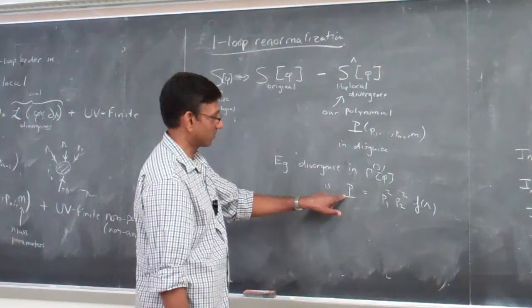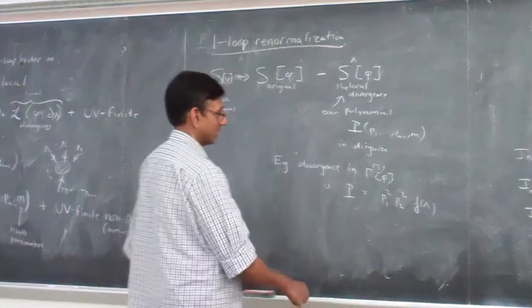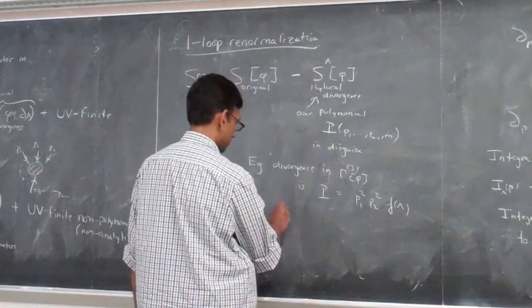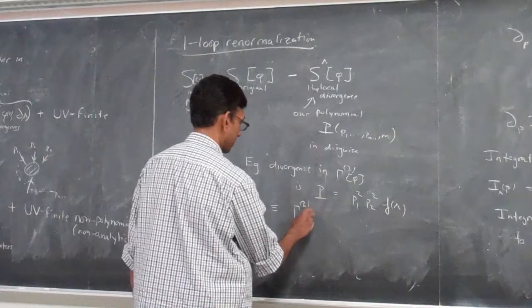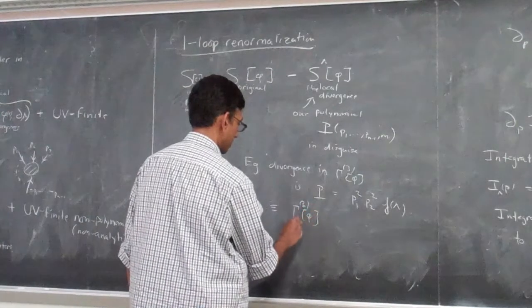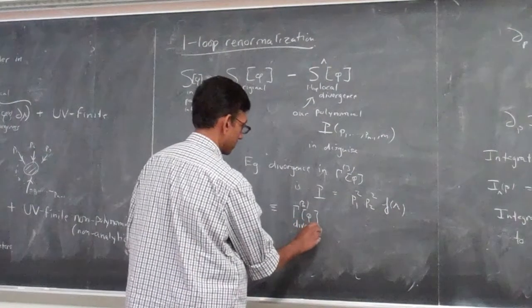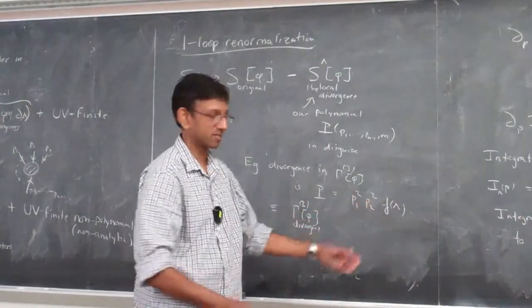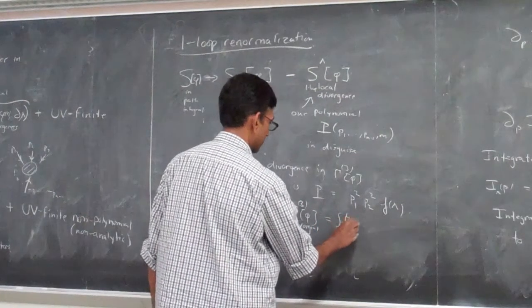If this is the divergent part expressed in momentum space, then in position space, it's saying that gamma 3 of phi divergent, just the divergent piece that I'm pointing to here, is the Fourier transform of this, which is equal to the integral d^4x.